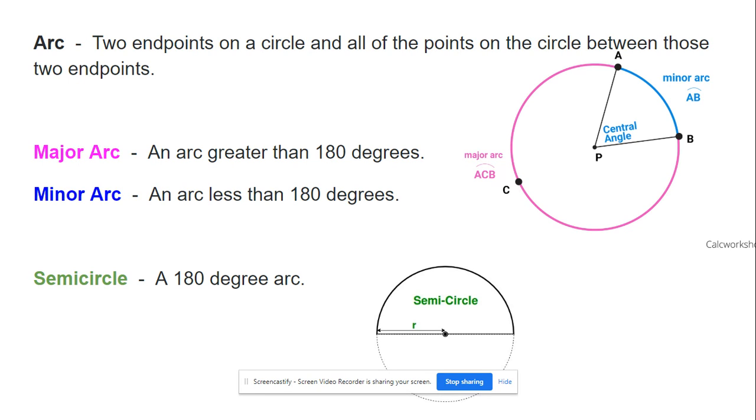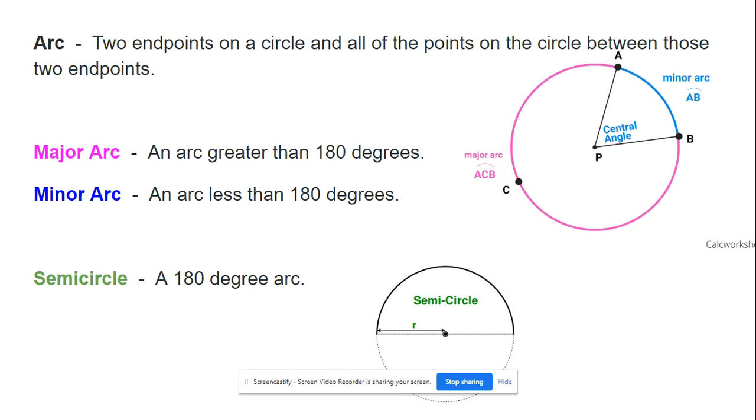An arc has to be on that rim or the circumference of that circle. It's not anywhere else. So an arc is only on the edge of the circle. And an arc can be whatever size, right? Sometimes we may not know if it's a major or minor arc because we'd have to measure it. Sometimes we can't just tell from the picture. One way to tell from the picture is that a major arc is bigger than 180 degrees.